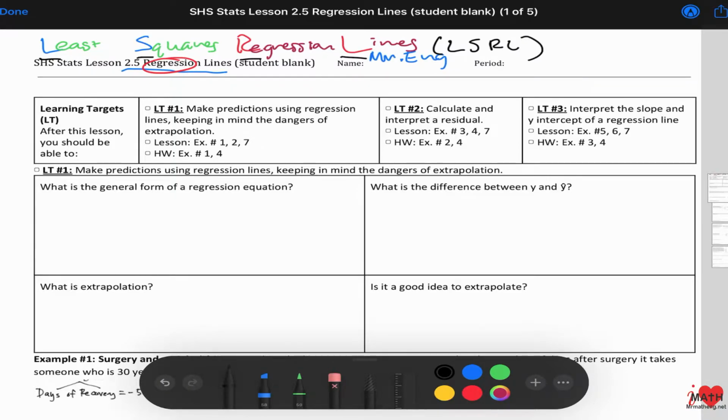That's a shorter name, but we're just going with regression lines for now.